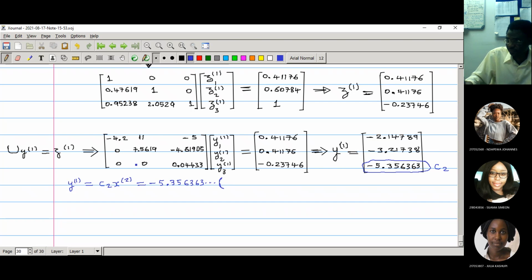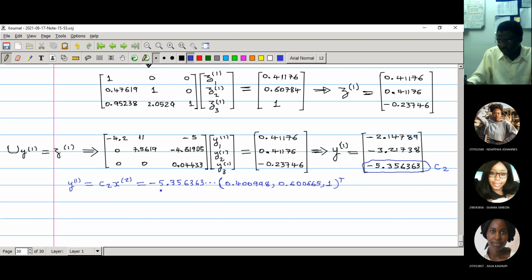The first one is 0.40099, and the next one is 0.60, comma 1, transpose. So this is our x2.